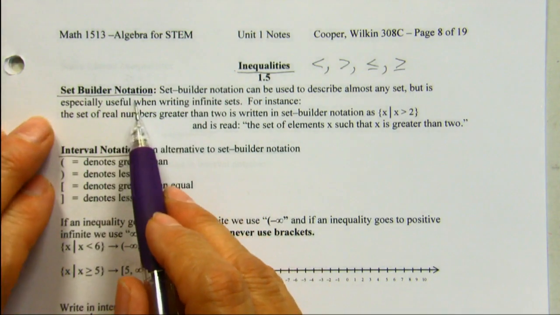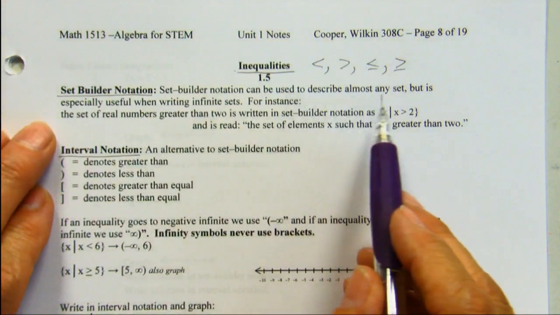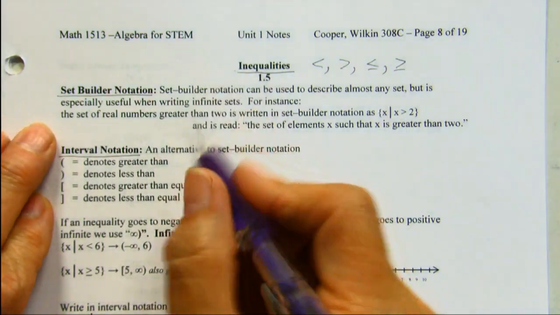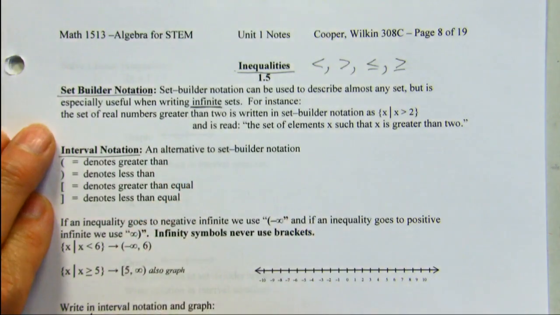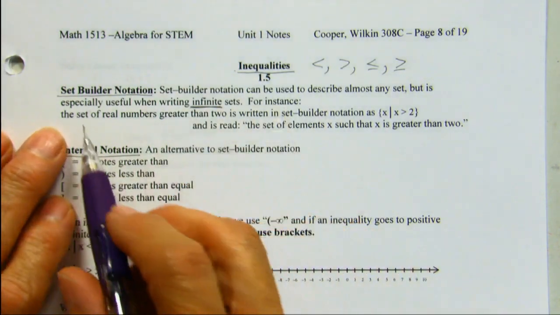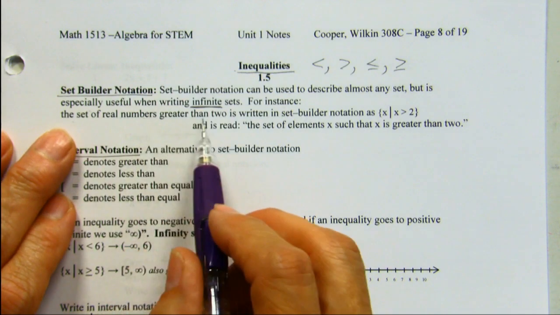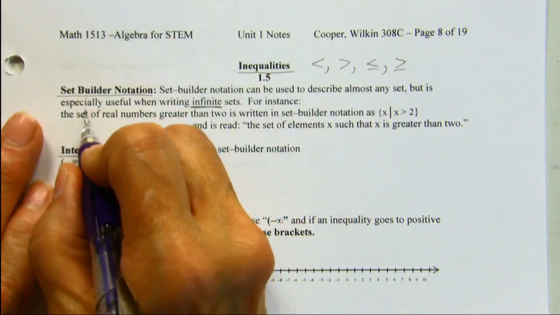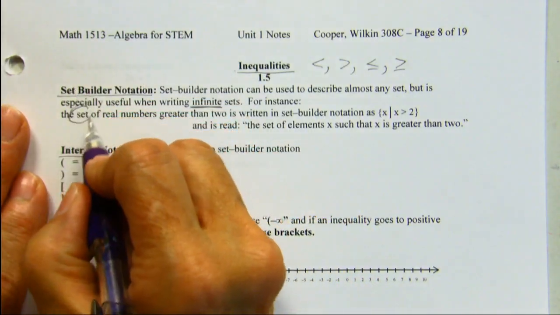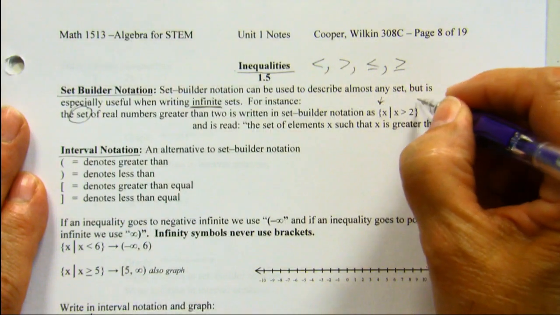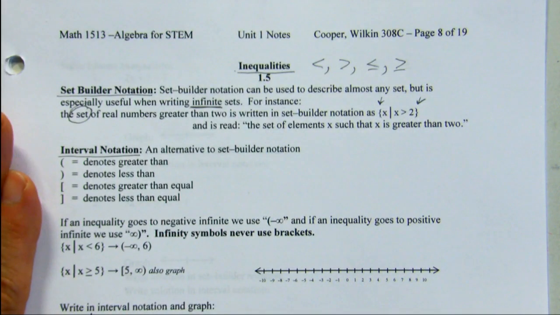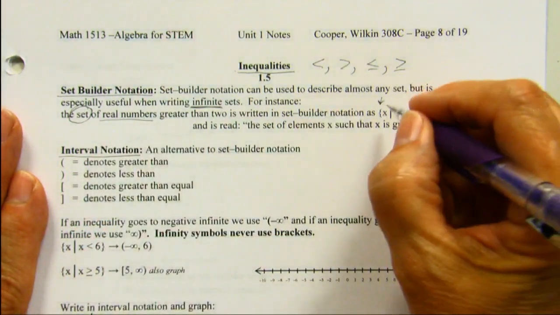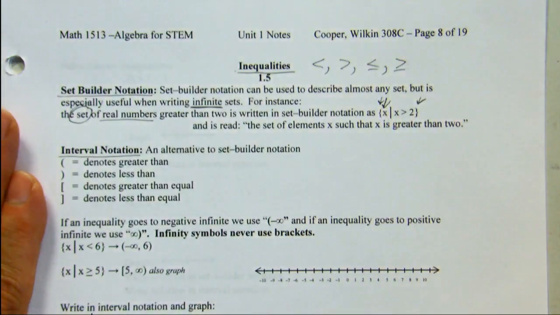Set builder can be used to describe almost any set, but it's especially useful when writing infinite sets, because we're going to have an infinite amount of answers. For instance, the set of real numbers greater than 2 is written in set builder notation. We have a set, so that's why we have the braces. We're going to use just real numbers, so that's why I put an x.